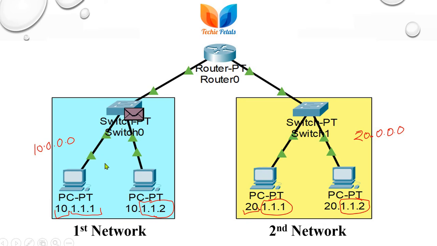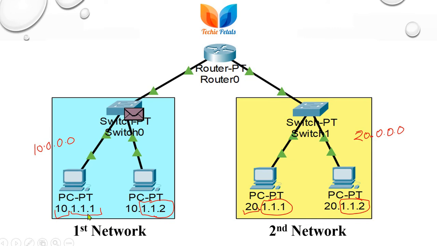So for this network we can take any unused address as a gateway address. Unused address means an address that is not assigned to any host. For this network also we can use any address that is not assigned to any host in the network as a gateway address, but the gateway address must have the same network ID.